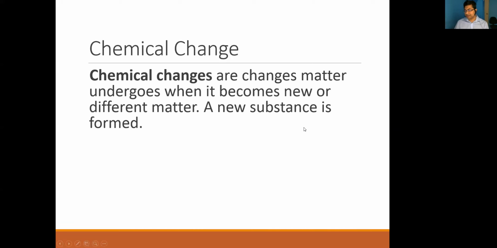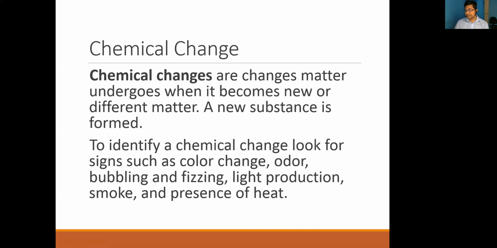Now, what is the chemical change? A chemical change is a change which happens when matter becomes new or different matter. That means we basically form a new substance. Like if you put some water somewhere, I will show you, and you put some bicarb.